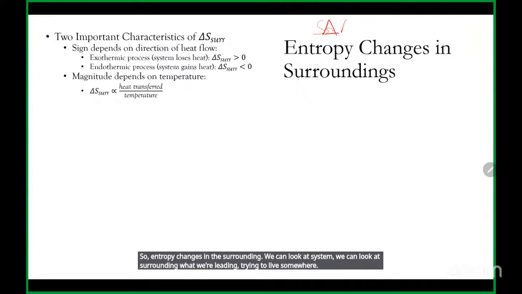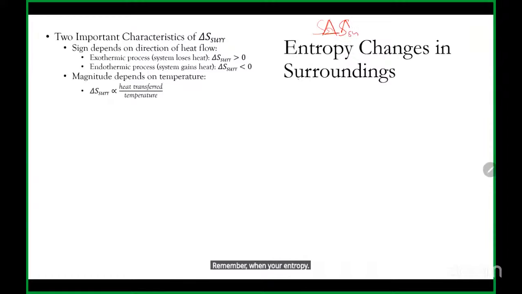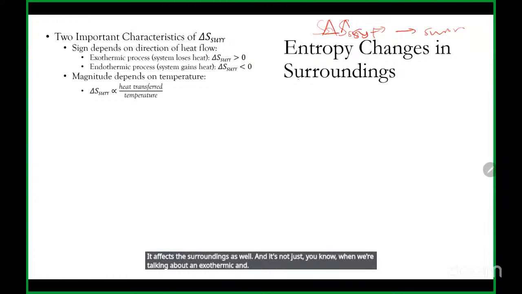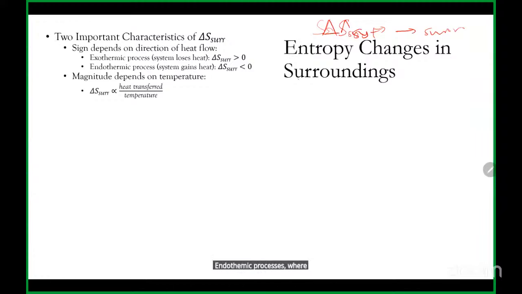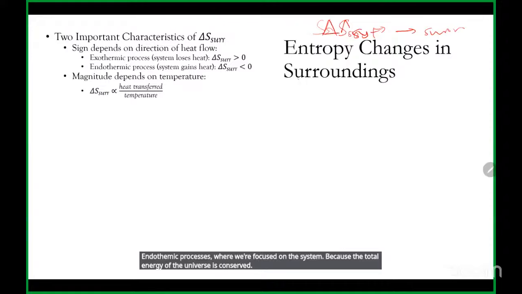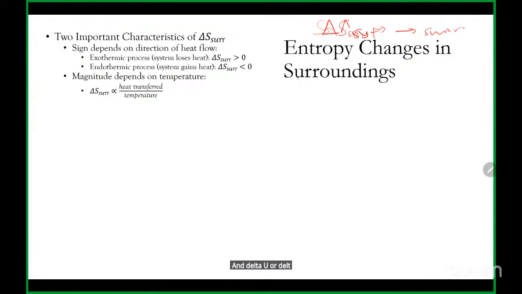Remember, when the entropy of the system changes, it affects the system, and it affects the surroundings as well. When we're talking about exothermic and endothermic processes, we focus on the system, because the total energy of the universe is conserved, and delta U or delta H for the universe is equal to 0. But here, we cannot focus only on the system. We need to focus on the surroundings as well.